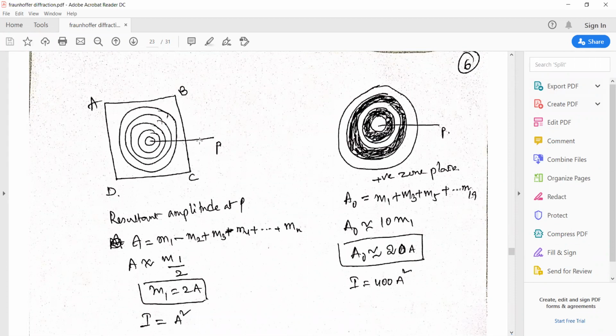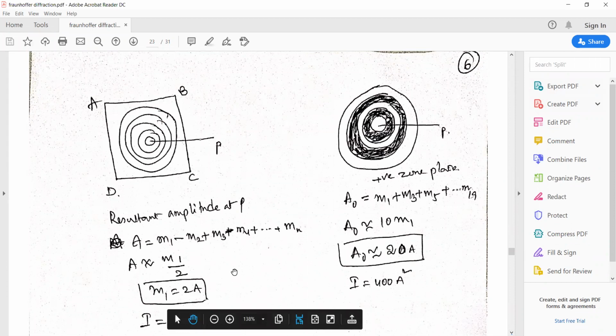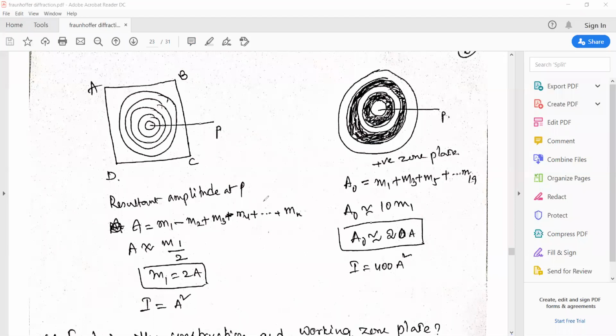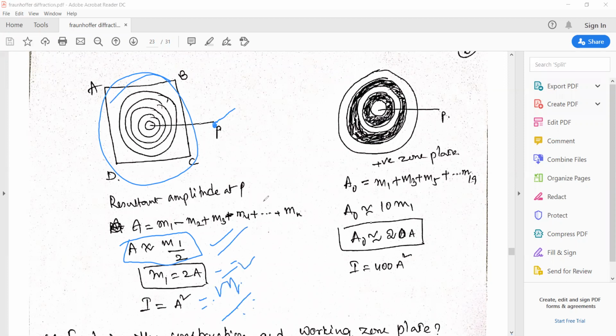So the amplitude at point P will be, as I told you in the last class, m1 by 2, due to the complete wavefront. So m1 will be 2a, so the intensity will be a square, that means m1 square by 4. This is the intensity you get due to the complete wavefront.